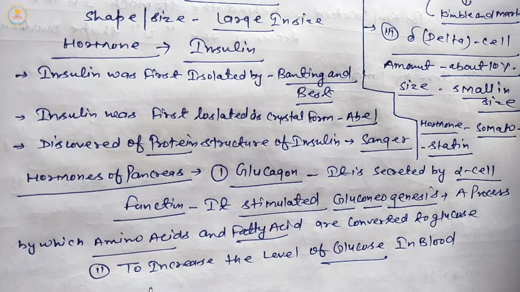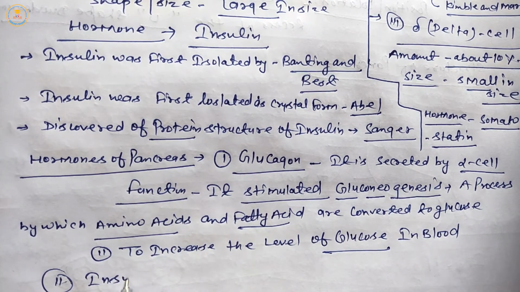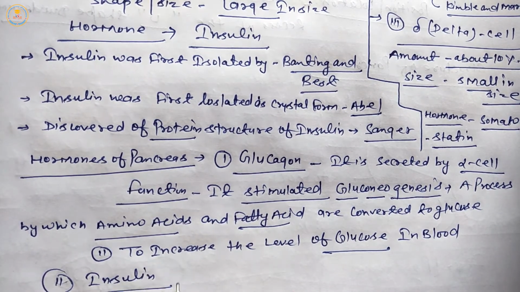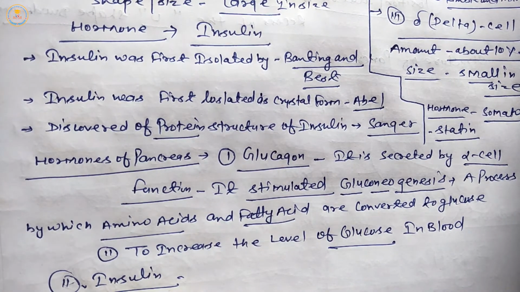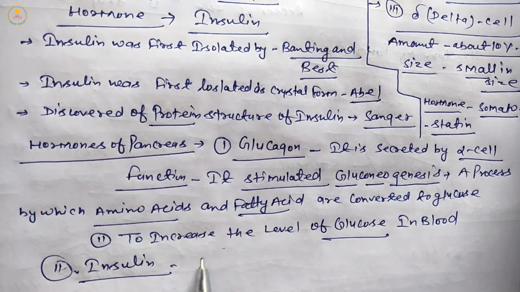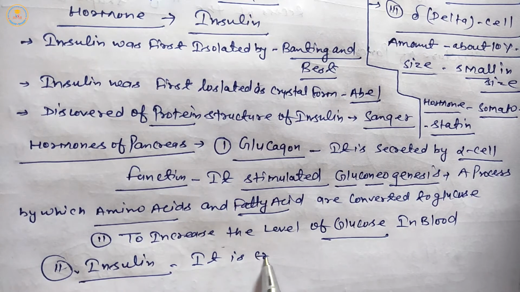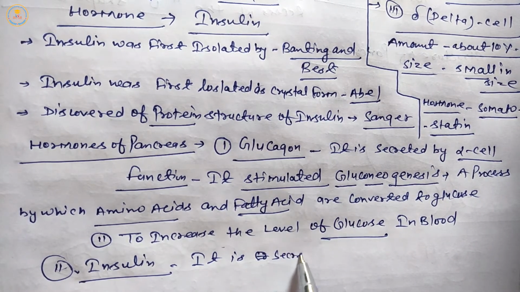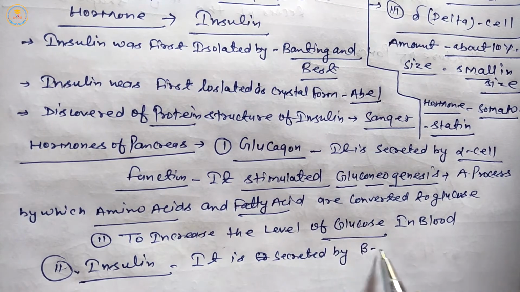Next is insulin. Students, it is the main hormone of pancreas and is secreted by beta cell.